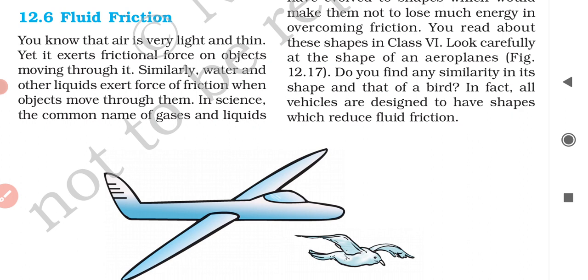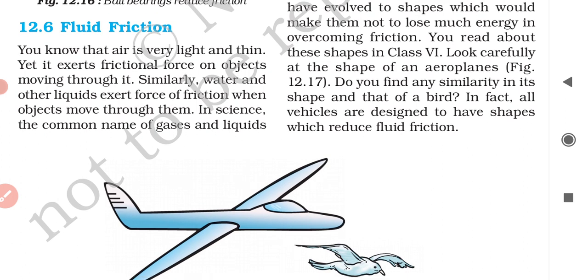So we can say that air and water exert force of friction on objects moving through them. Air and water are what? Fluids. So fluids exert force of friction on objects moving through them. Clear? Air is very light and thin, as we have discussed already, yet it exerts frictional force on objects moving through it.